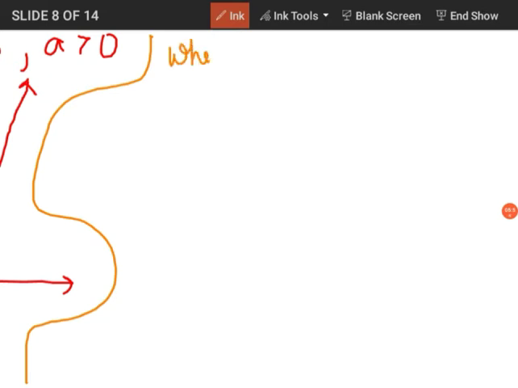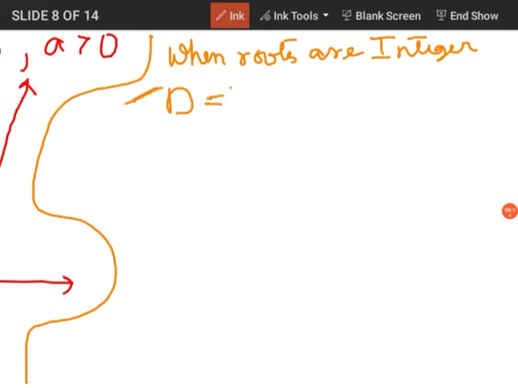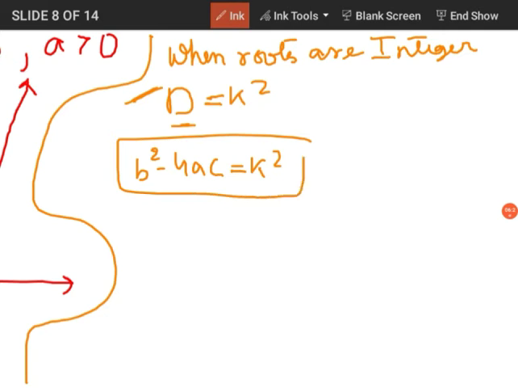When it has been said in the question that roots are integers, then we have to equate the discriminant to a perfect square, then only the roots will be integers, correct? Discriminant, now I hope that you know that is b square minus 4ac, is a perfect square, right? Perfect square.